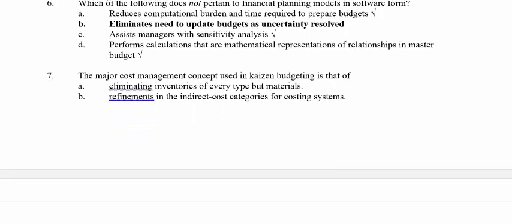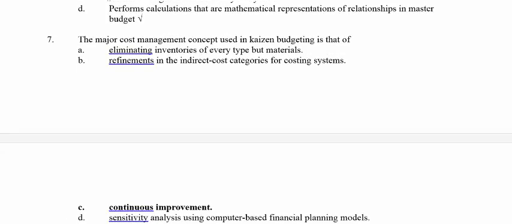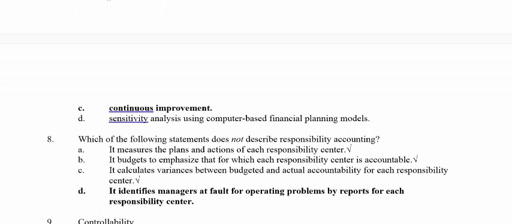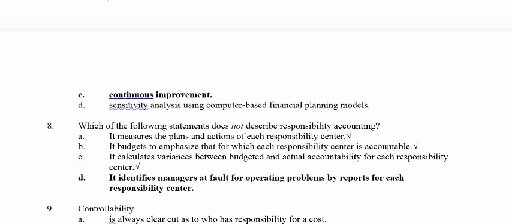Number 7, the major cost management concept used in Kaizen budgeting, which was mentioned earlier and also in the Toyota example as well as your textbook, is C, continuous improvement. Number 8, which of the following statements does not describe responsibility accounting?